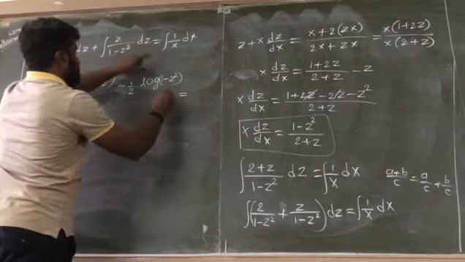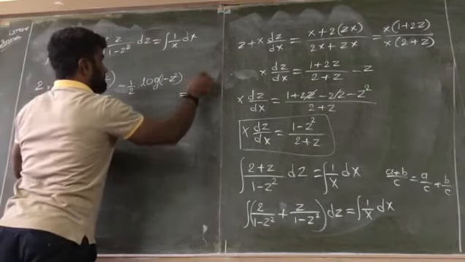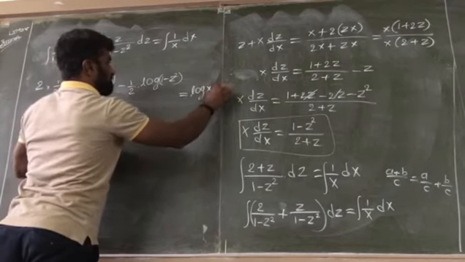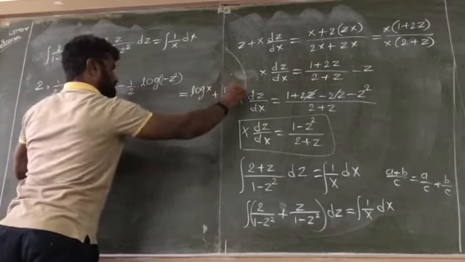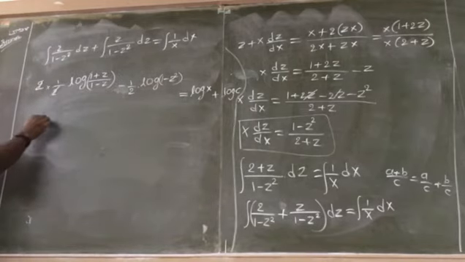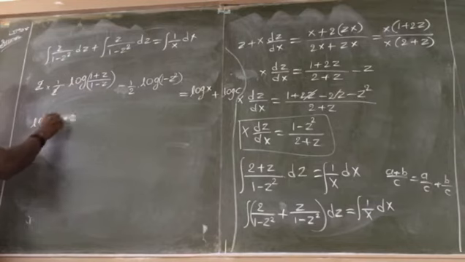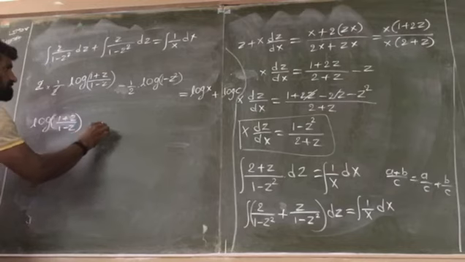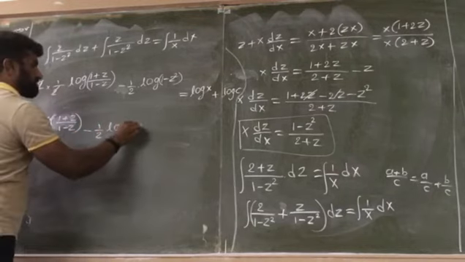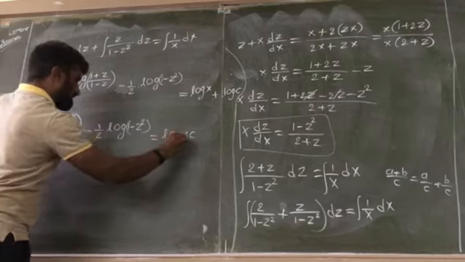The right-hand side is also log: integration of 1 by x is log x plus log of c. So 2 gets cancelled: log of 1 plus z divided by 1 minus z minus 1 by 2 into log of 1 minus z square equals log of xc.